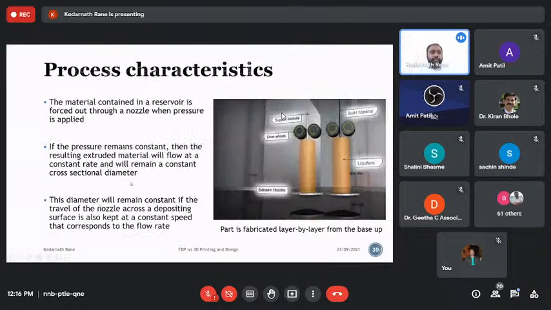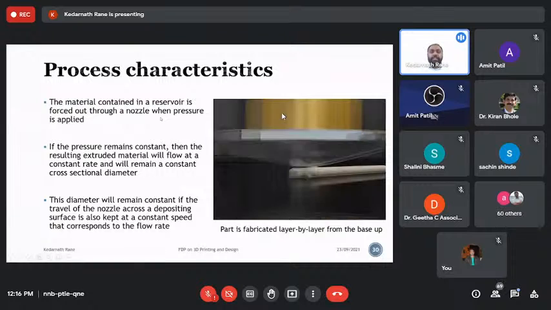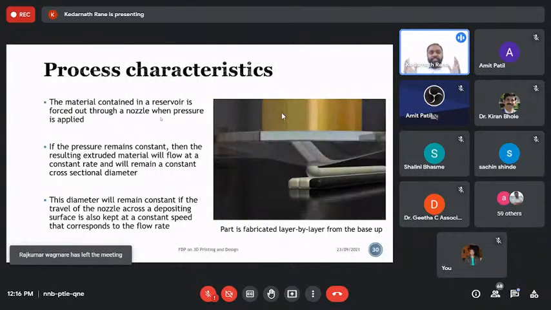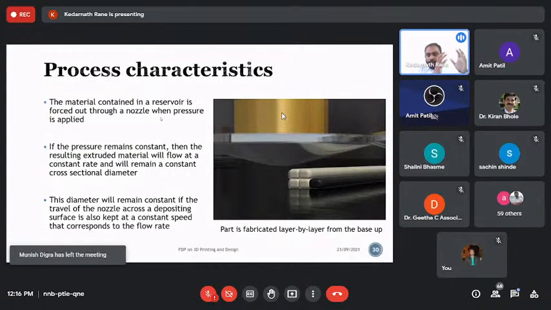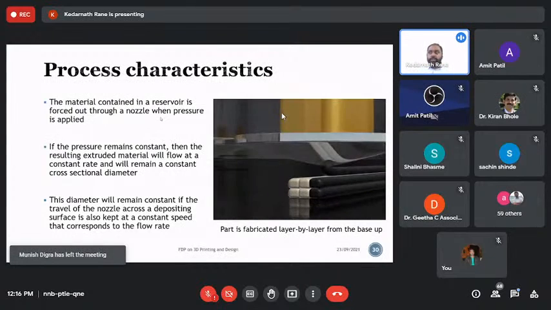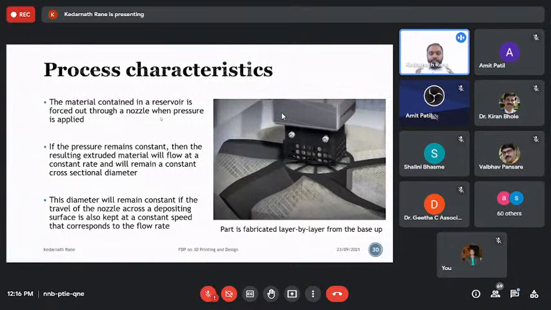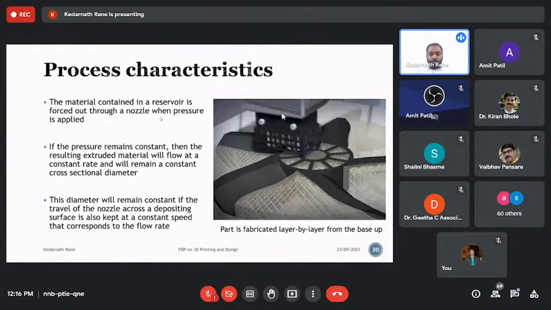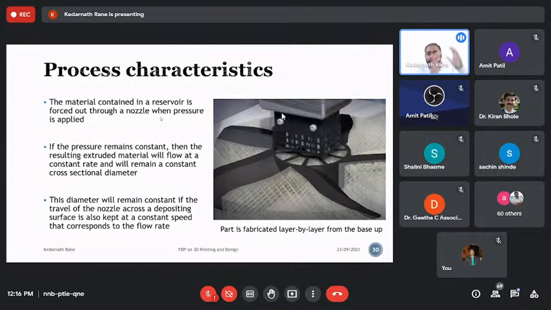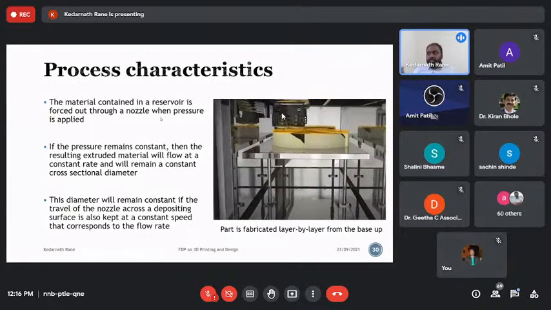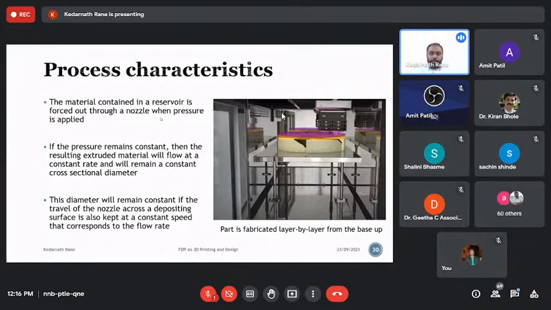Another process characteristic involves the material. There is one limitation of some systems, which is the reservoir. Like there is a spool of filament or rods. So the part volume or part shape is limited by the material present in the reservoir. But there is another system called the granule based system. We can see the commercial machines.